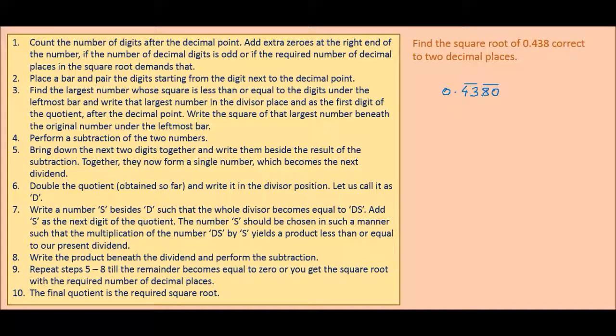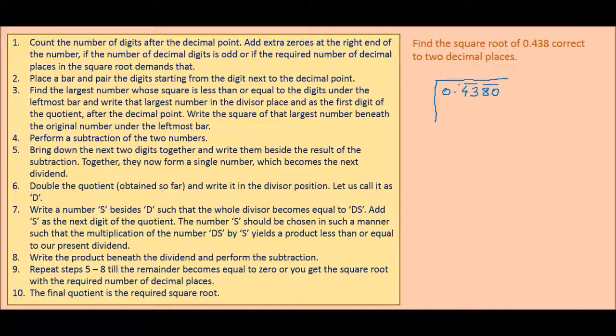The digits under the leftmost bar are 4 and 3, so less than or equal to 43. Write that largest number in the divisor place, that is over here, and as the first digit of the quotient after the decimal point.